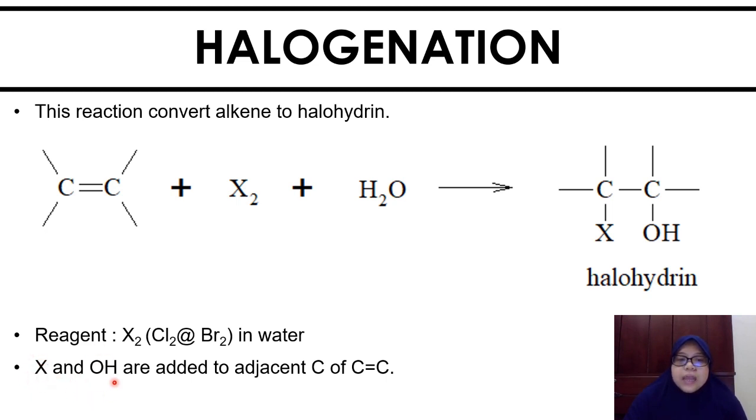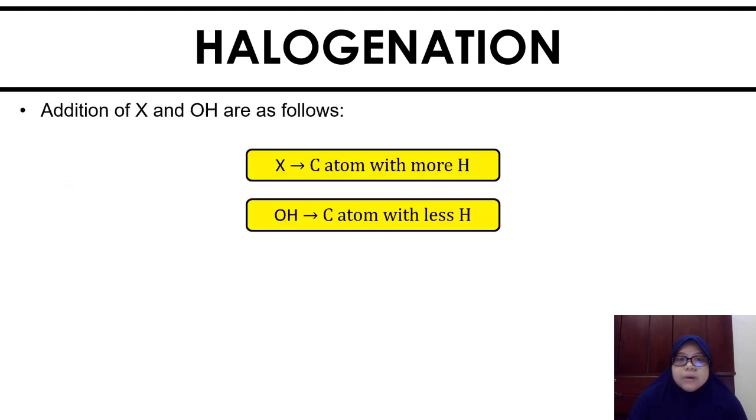So the addition of halogen and hydroxyl is as follows. Our halogen will be added to the carbon atom with more hydrogen, while our hydroxyl will be added to the carbon atom with less hydrogen.